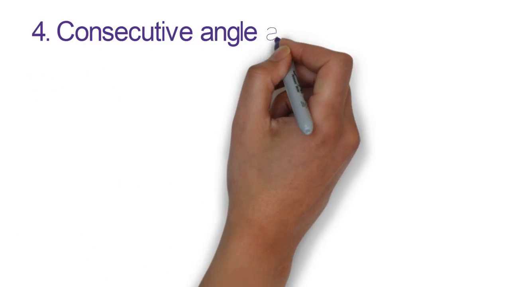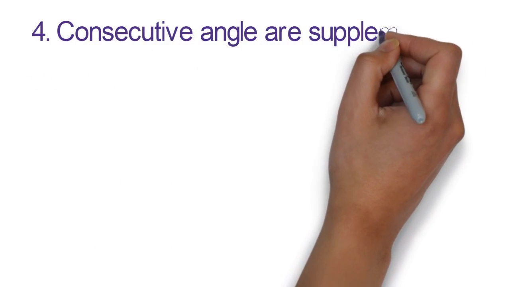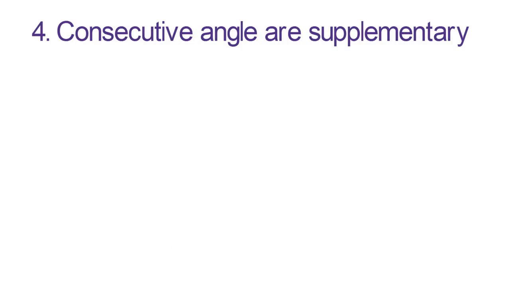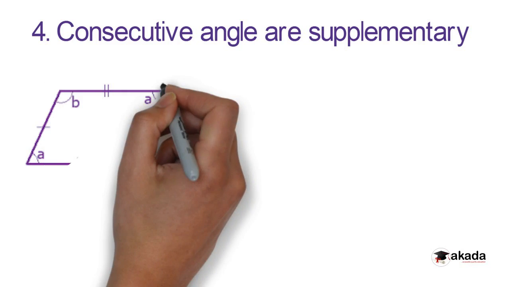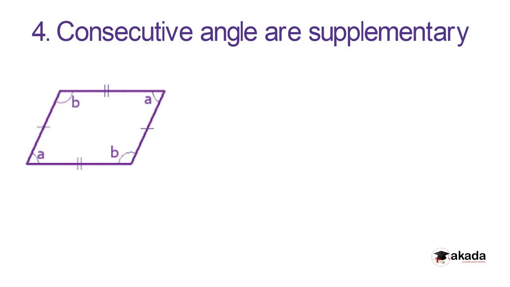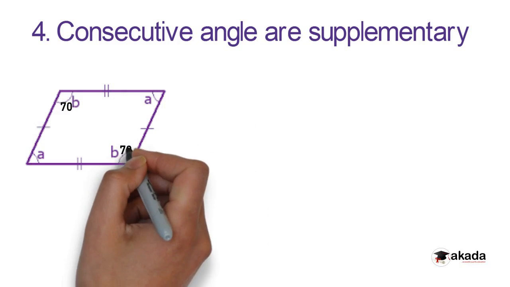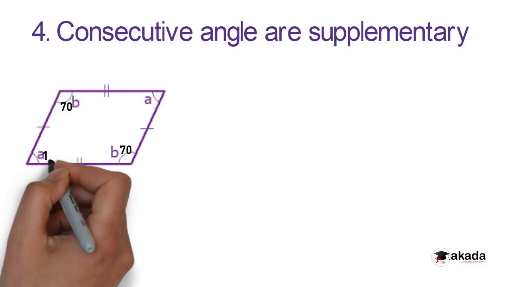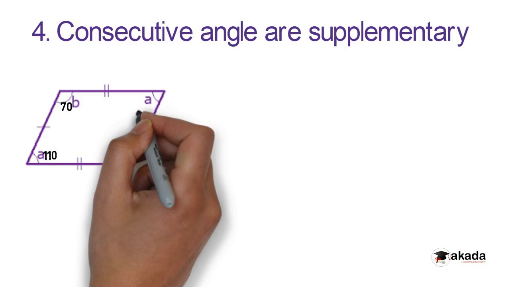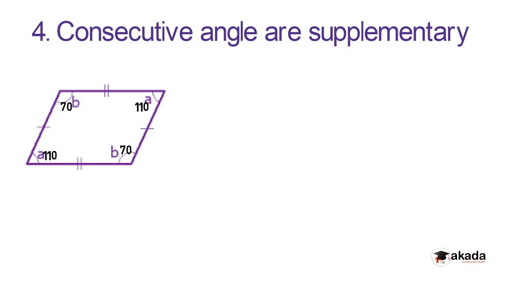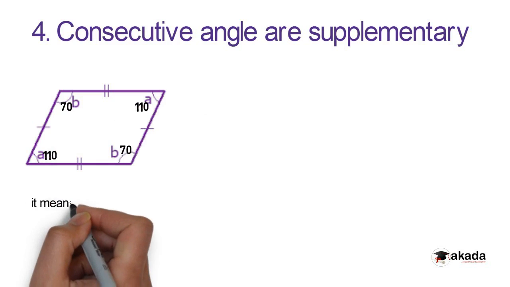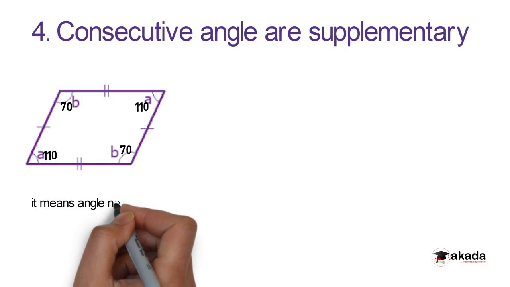My fourth property here is what? Consecutive angles are supplementary. The word consecutive means next to. So, what do I mean by this? It means angle A is next to angle B. So if I add angle A plus B, it must give what? 180.